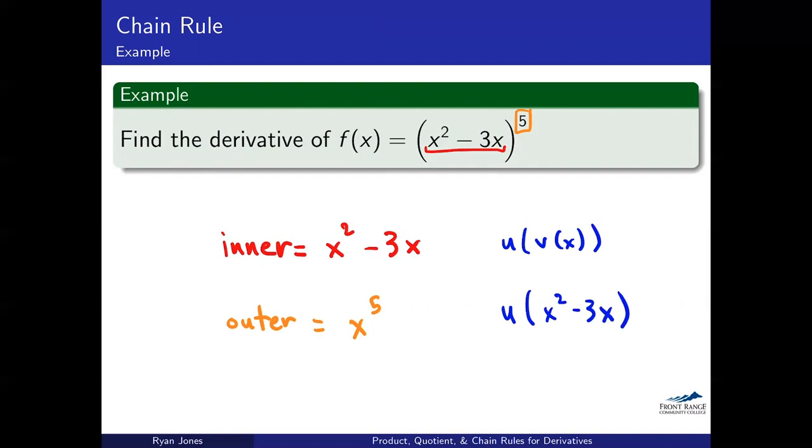And if I say that u is equal to that x to the fifth, that just gives me my x squared minus 3x all to the fifth right there. And so this is exactly that composition of functions that we've seen in algebra before.